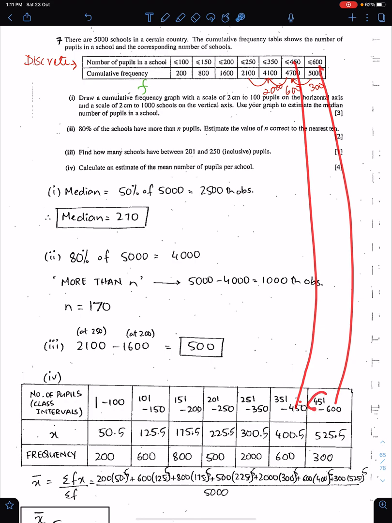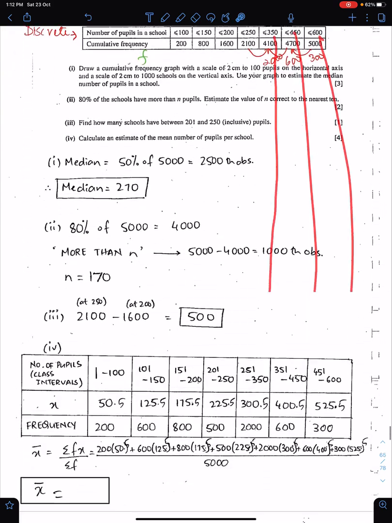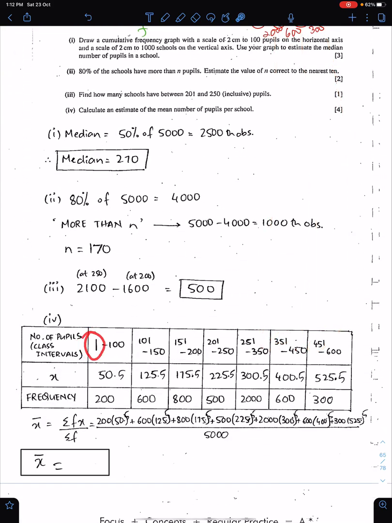Obviously this number should be 451 because we are making class intervals. This 350 is here, so this must be 351 and so on. And this first value must be 1 according to this rule. When data is inclusive, then the first value of the first class must be 1.